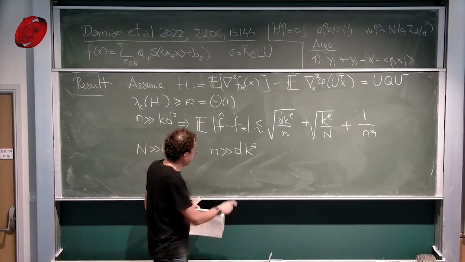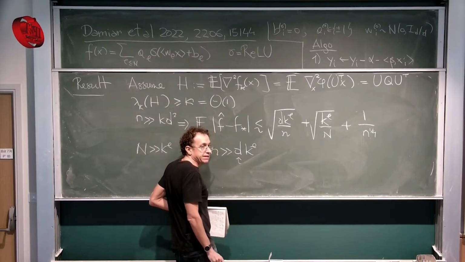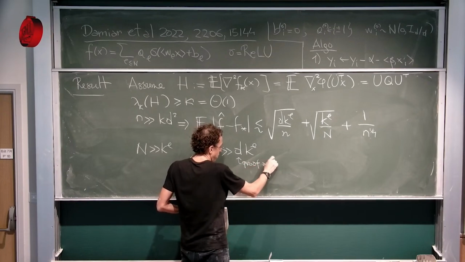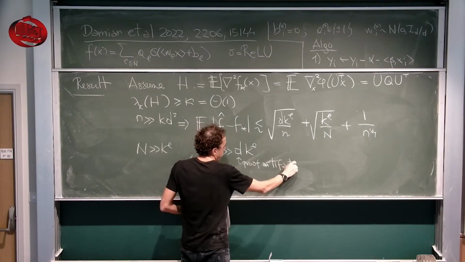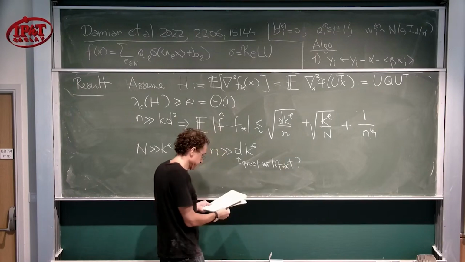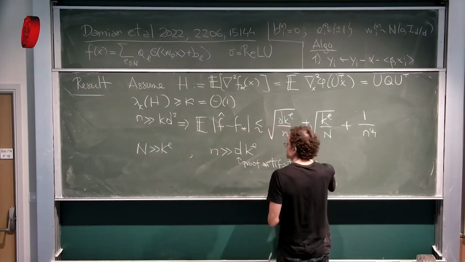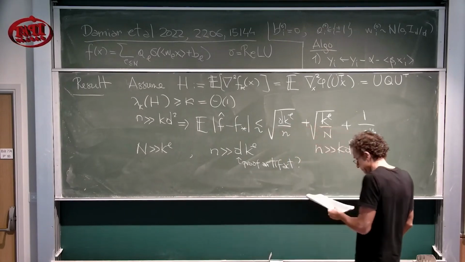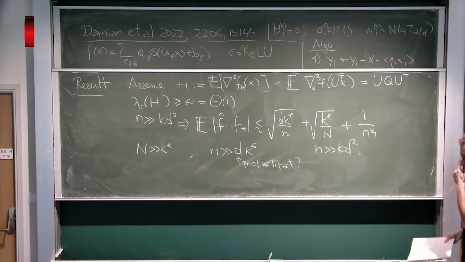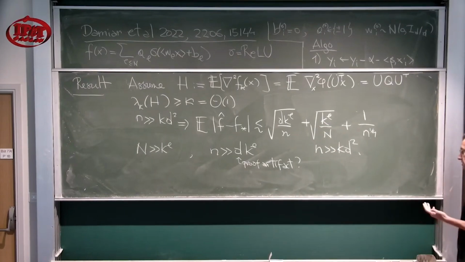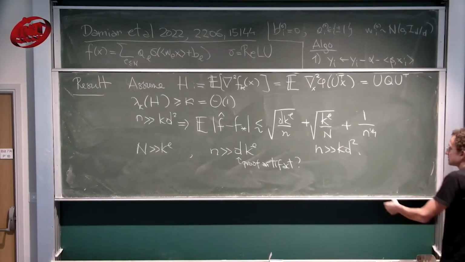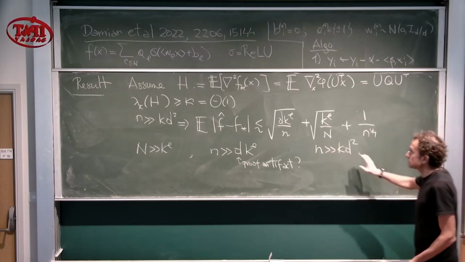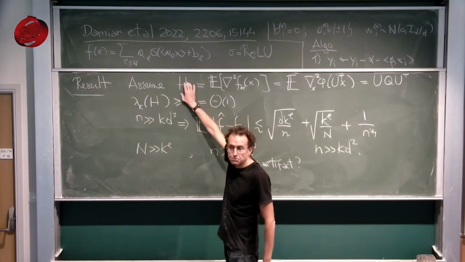Now this extra factor d is probably an artifact of the proof. And the last condition is that, morally, apart from this spurious factor, this is what you need to be able to estimate the Hessian, basically to estimate the subspace.